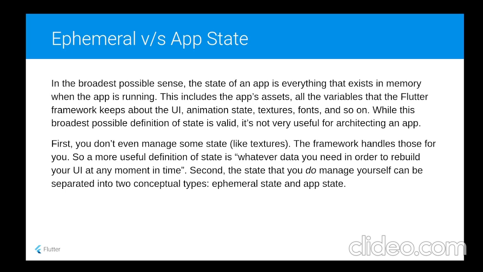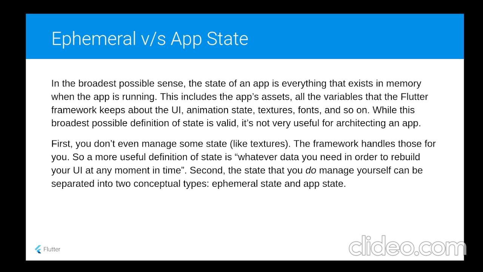When we talk about state management, there are two types of state: ephemeral and app state. In the broadest possible sense, the state of an app is everything that exists in memory when the app is running. This includes the app's assets, all the variables that the Flutter framework keeps about the UI, animation state, textures, fonts, and so on.